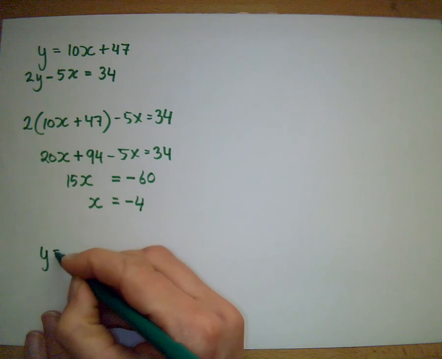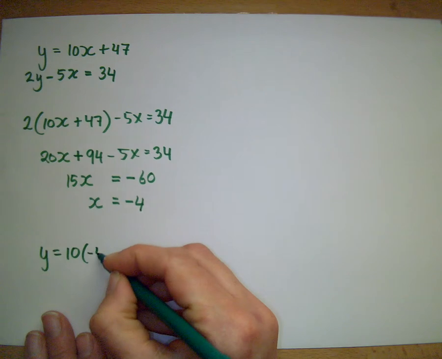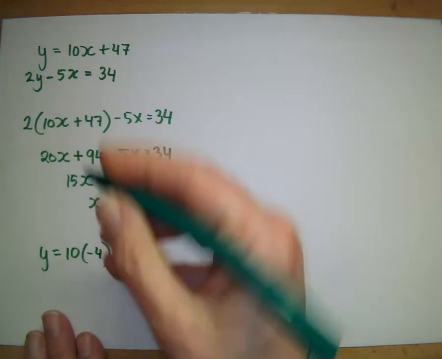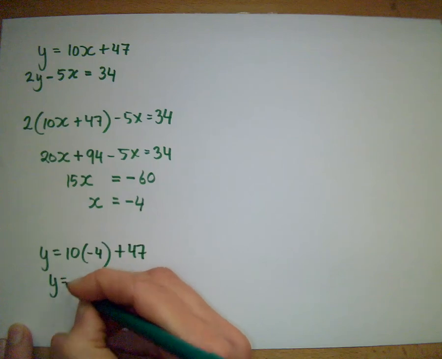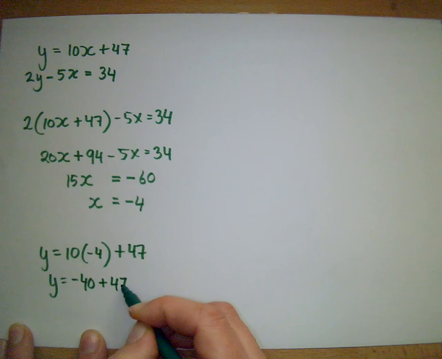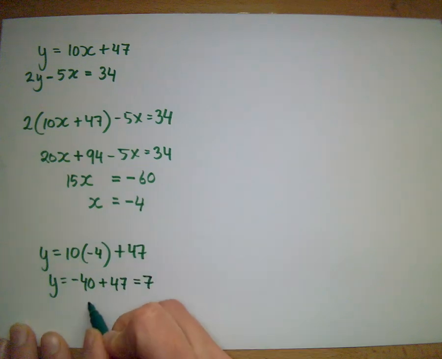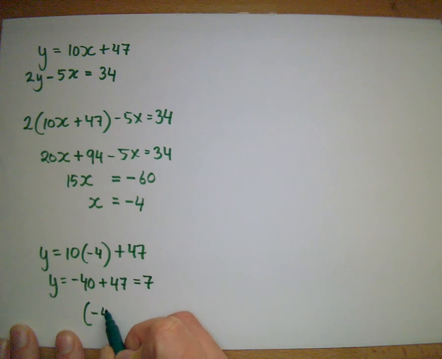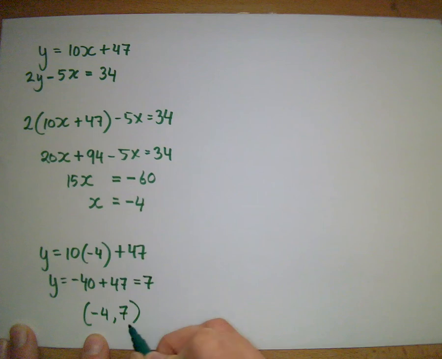So let's write y equals 10 times x, but I don't write x, but negative 4, plus 47. So what does y equal? Negative 40 plus 47, which equals 7. So the answer is negative 4 for x and 7 for y.